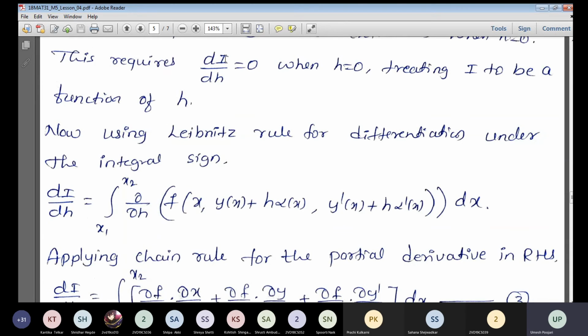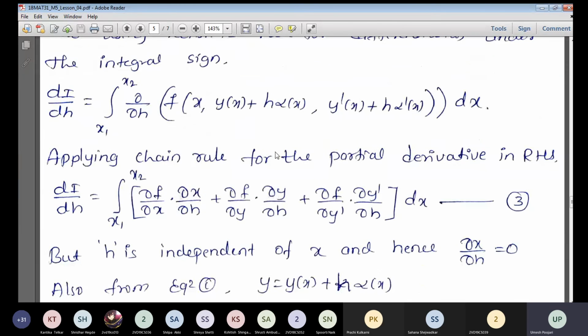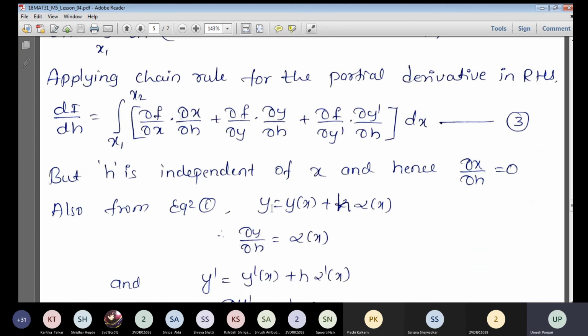Then we obtained this dI/dh by applying the Leibniz rule for differentiation under the integral sign. Then we get the above equation. Then apply the chain rule. In the chain rule we get ∂x/∂h, ∂y/∂h, ∂y'/∂h. So ∂x/∂h will be 0 because h is independent of x, and ∂y/∂h and ∂y'/∂h can be obtained with the help of the second curve y of x plus h into alpha of x.